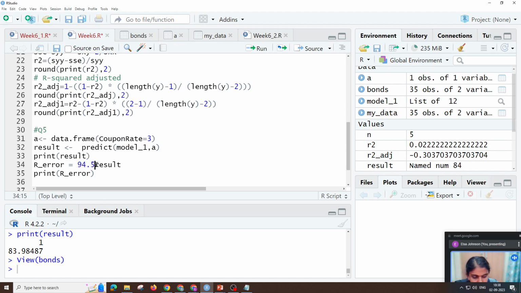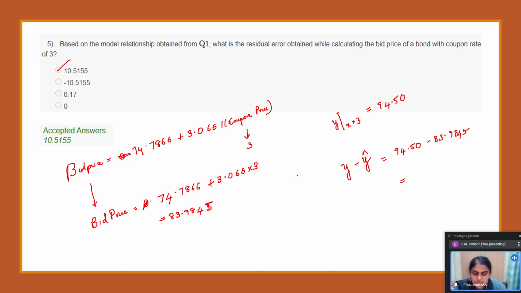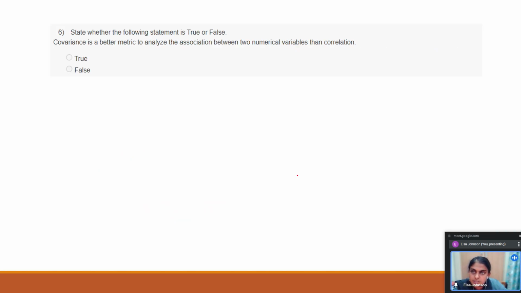So 94.50 minus result will give you the R error, and if you print the R error, you'll be getting the same value. Okay, so that is the 5th question.